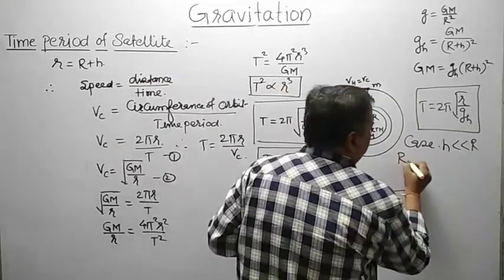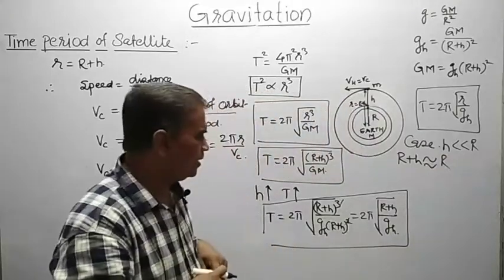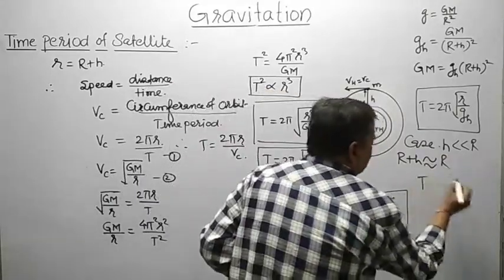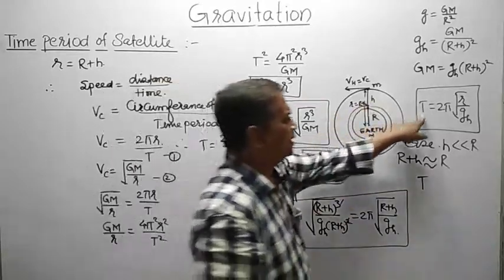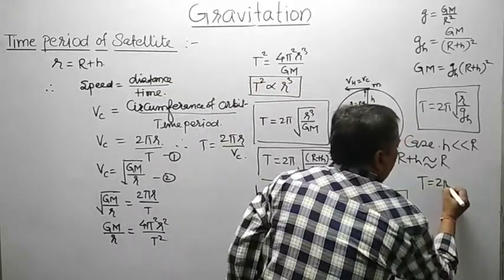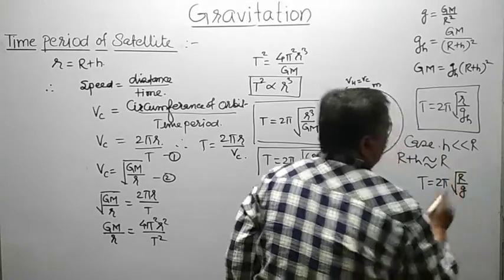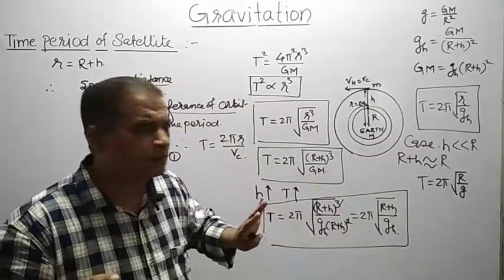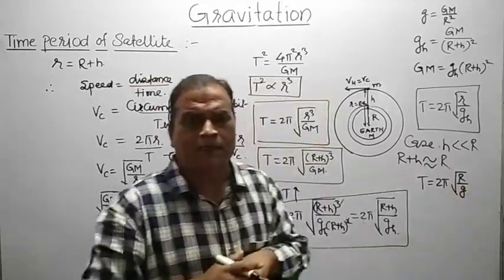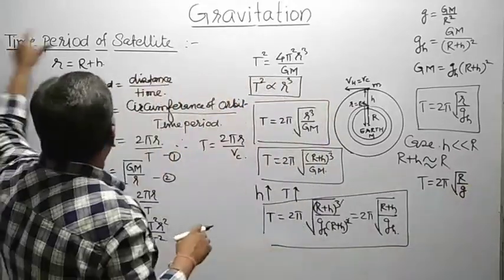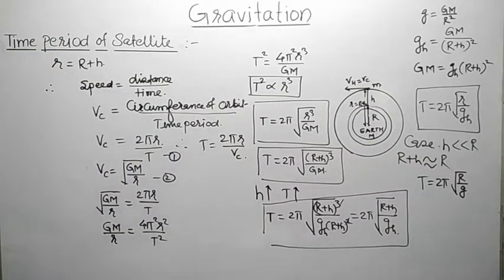It means R plus h can be approximately taken to be equal to R. It means the period of revolution of satellite which is revolving very close to the surface of earth can be written as T equal to 2 pi under root of R divided by g. Not gh, it is g. So this is all about the time period of a satellite which is revolving round the earth.